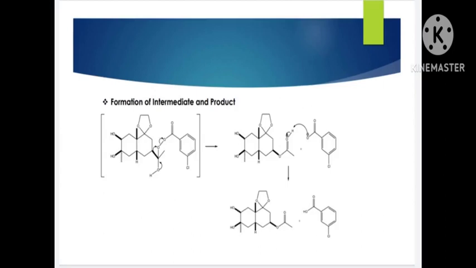As in this intermediate the carbon is attached to two electronegative oxygen atoms, migration of an alkyl group towards the oxygen will take place, as shown by the red colored arrow. And then the bond between the two oxygen atoms will break, which results in the formation of a protonated ester and the carboxylate ion.